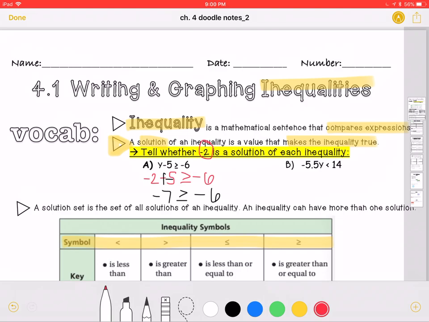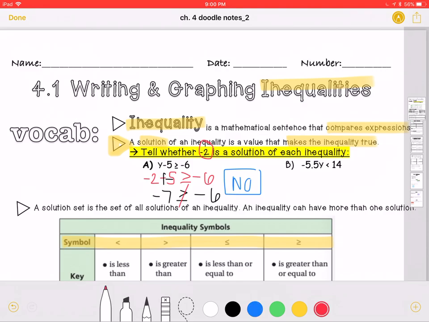Hopefully you're thinking no. -7, since it's negative, means that it's less than, smaller than -6. So -7 is not greater than or equal to -6. So -2 would not be a solution to this first one.